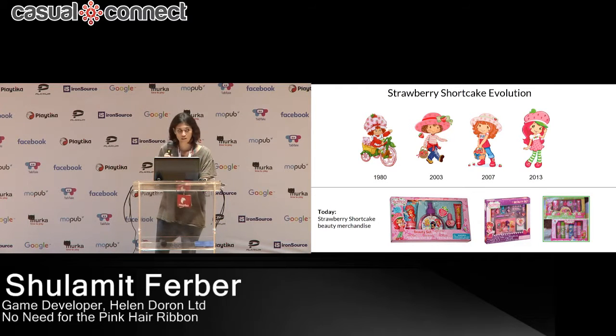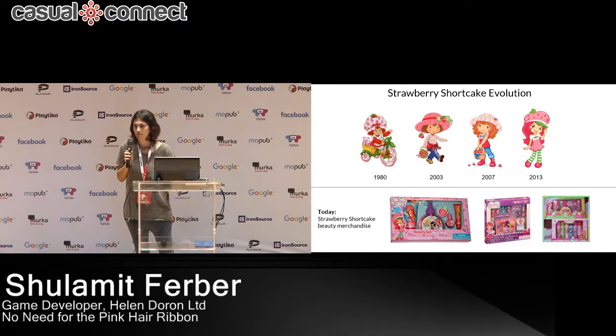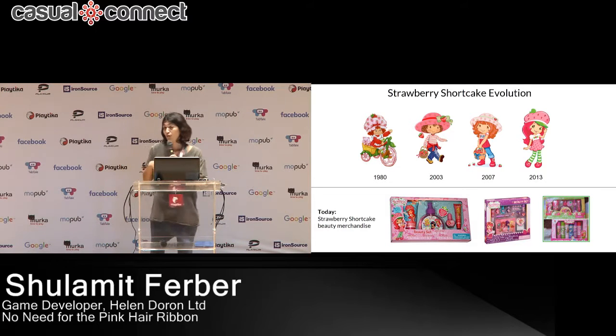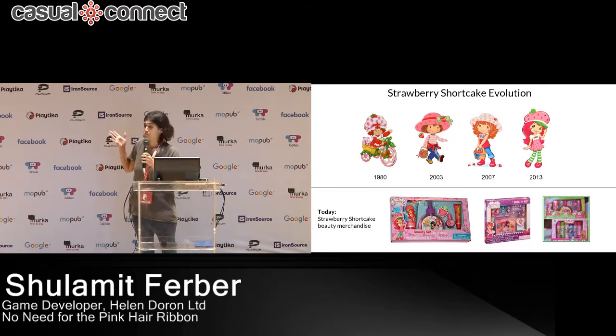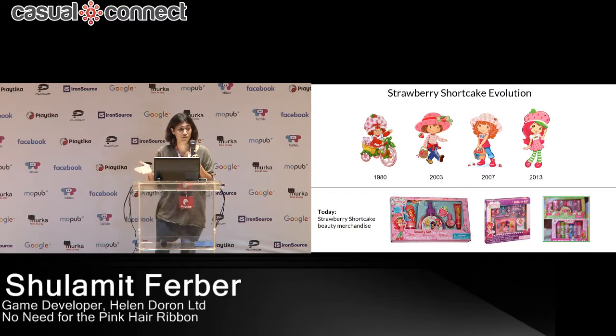Today, Strawberry Shortcake has her own makeup brand. Now, I will remind you, she's an 8-year-old. She's 7 or 8. And making her more feminine allowed to have all this makeup merchandise for girls. So it's a marketing choice. It's not something that happened by coincidence.